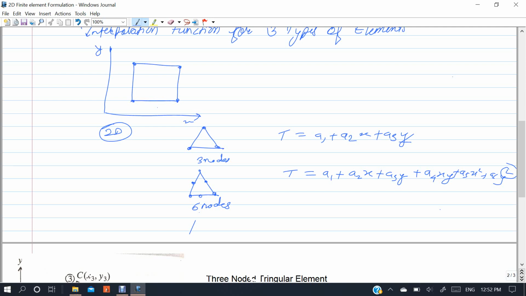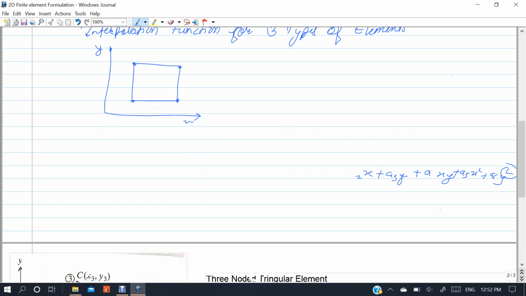This is a simple linear one. The difference between the complex and the multiplex is that this side will be parallel to x and this side should be parallel to y. Always it should be parallel to the x direction and y direction.